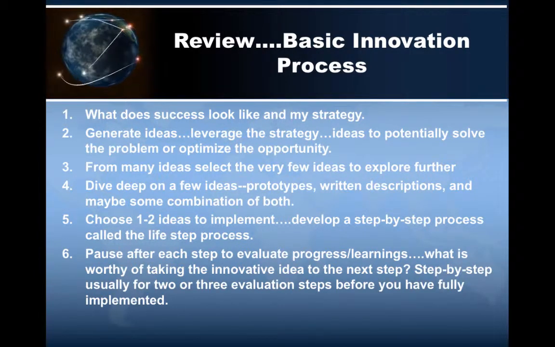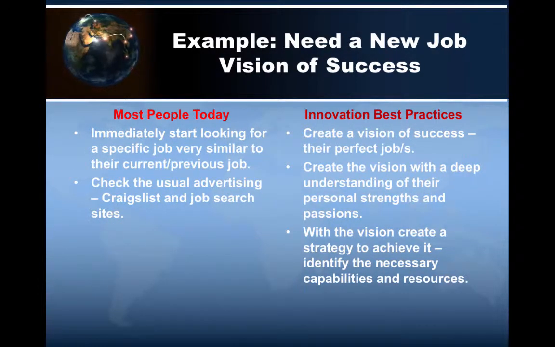As you are starting to execute it, you pause after each step to evaluate the progress you've made and the learnings. Is it worth taking the innovative idea to the next step? Each time you pause, you ask that question. Step by step, usually for 2 or 3 evaluation steps before you're fully implemented. So, as a brief overview of the basics of the innovation process, with that in mind, let's dive in.